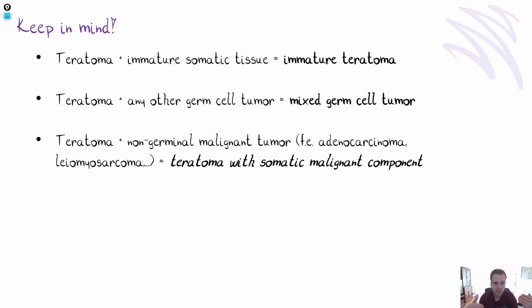And last but not least, we can have teratoma plus some non-germinal malignant tumor. There can be classic adenocarcinoma, squamous cell carcinoma, leiomyosarcoma. So if you have a teratoma with this non-germinal somatic malignant component, we call it teratoma with somatic malignant component. So please don't be confused by the terminology.